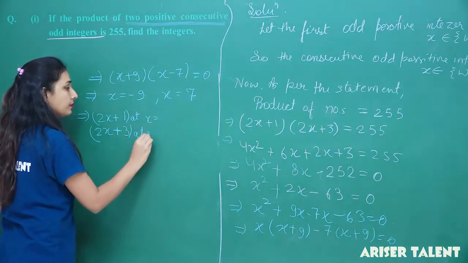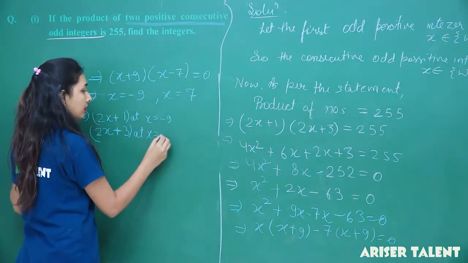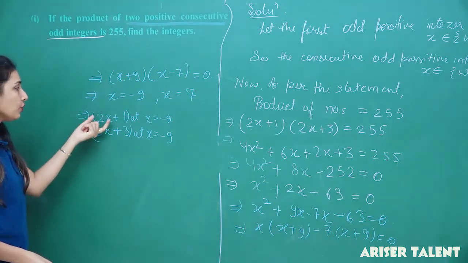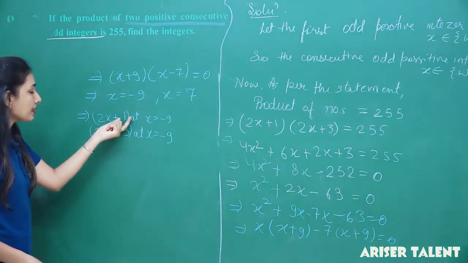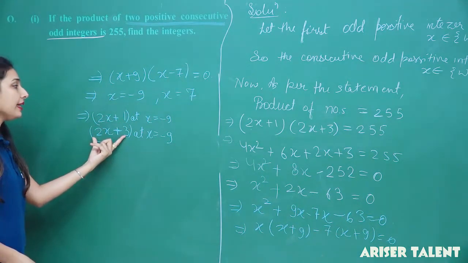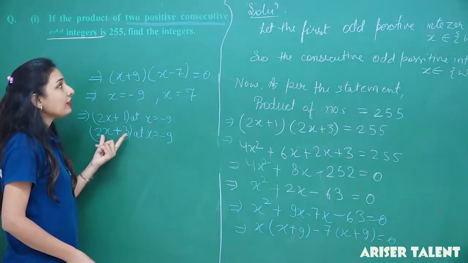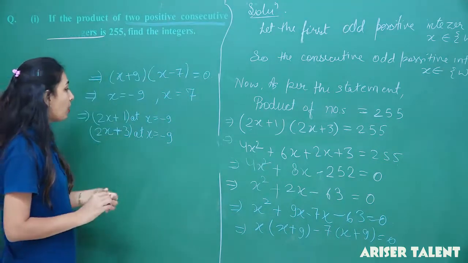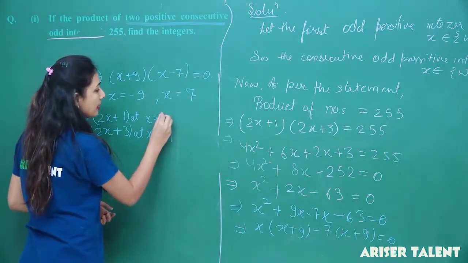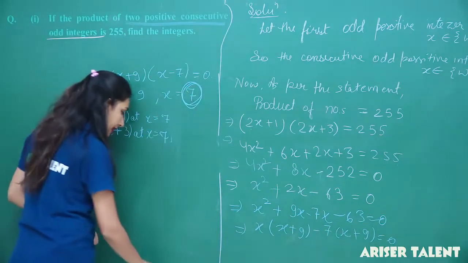If you put x equals minus 9, minus 9 multiplied by 2 will give you a larger negative number, plus a smaller positive number will give you a negative. Again here you will find a negative number. Students, you will not accept a negative number because it is talking about positive numbers only. So I will pick this positive value only, 7.